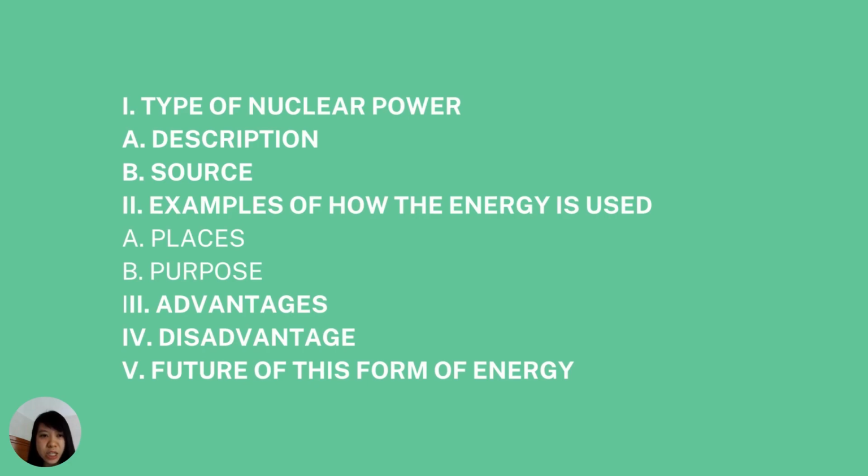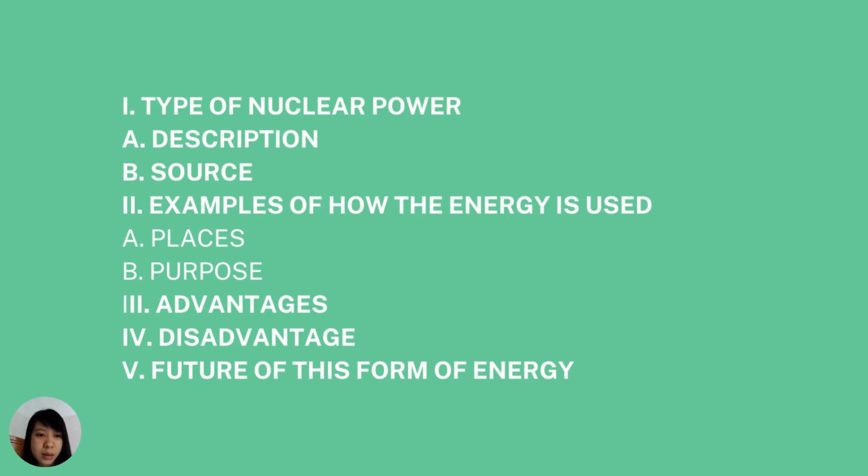My presentation has four sections. Number one is the type of nuclear power. I will give you the description and the short about nuclear power. Next, I will give you some examples of how the energy is used. We will discuss the place and the purpose of nuclear power.